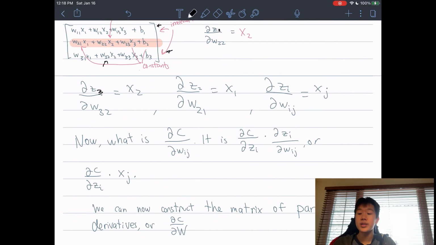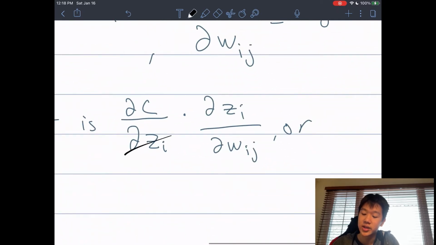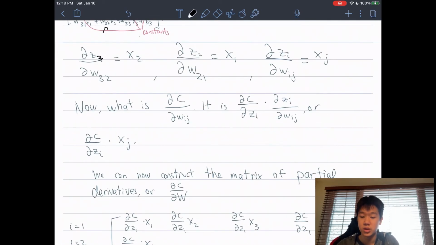Now, what is del c over del wij? It is just going to be del c over del zi times del zi over del wij. As you can see, the chain rule is still here. It stacks. It gives us del c over del wij, which is what we want.